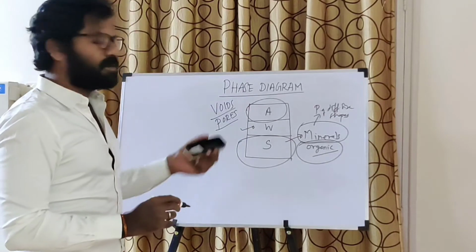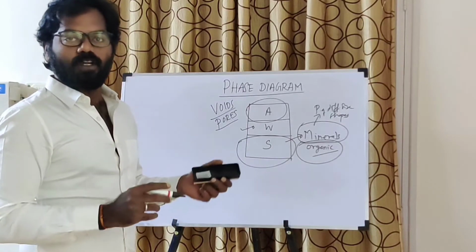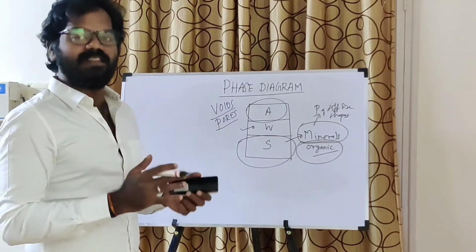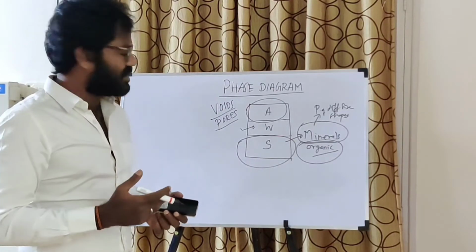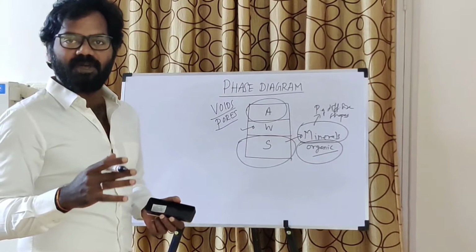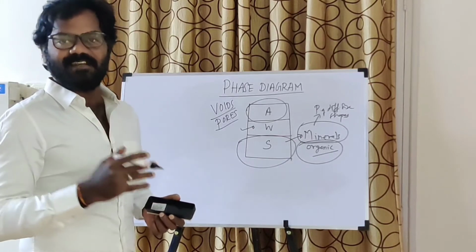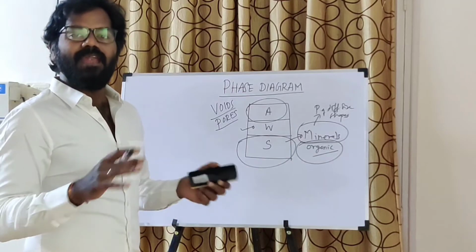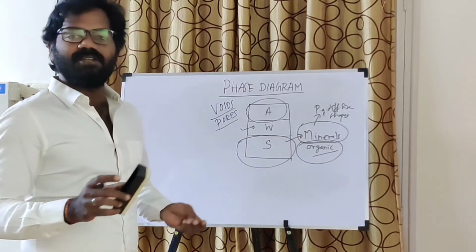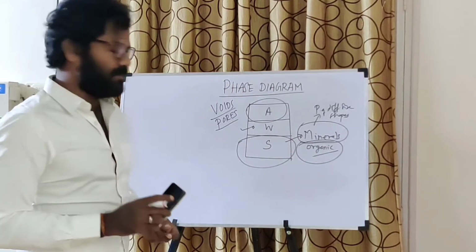In some cases, the voids may be filled with water, wholly or partly, and we'll discuss that in the different saturation cases. For example, in the partially saturated case, some amount of voids will be filled by water. In the dry state of soil mass, all the voids will be filled by air only. There won't be any water. And first we'll discuss the partially saturated soil mass.